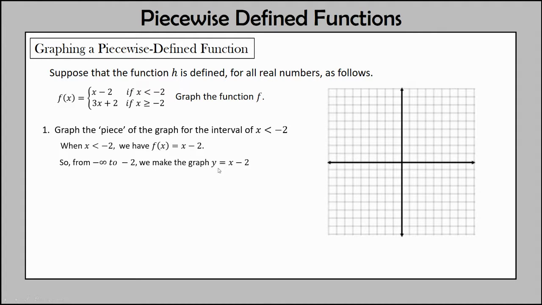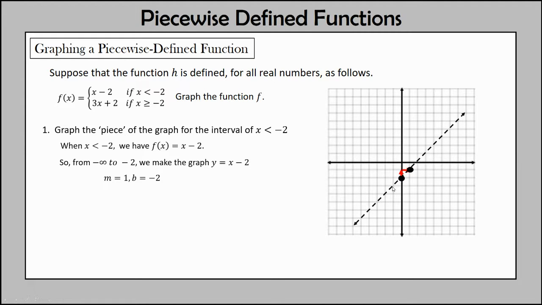So what do we know about the graph here? Well, we know this has a slope of 1 and a y-intercept at -2. So make the graph. Cross the y-axis at -2. You've got a slope of 1, that's up 1 over 1. There's another point on my graph. 2 points make a line. There's my line. Now, the only part of this line that I want is the part of the line where x values are less than -2.